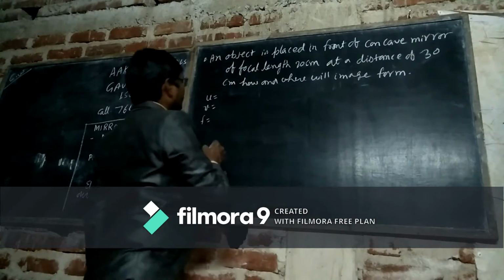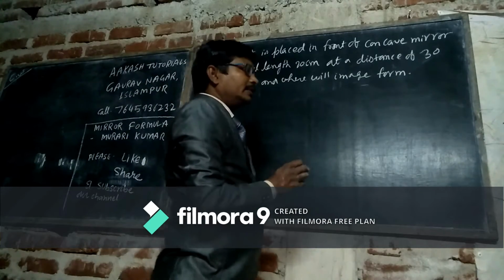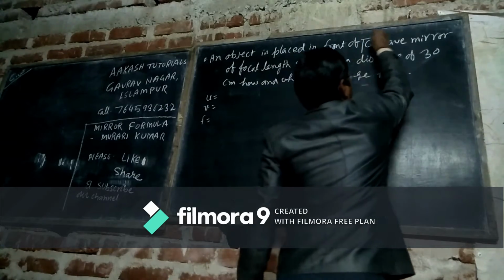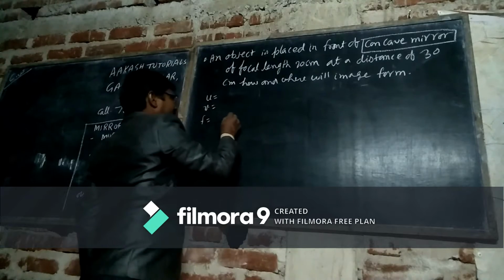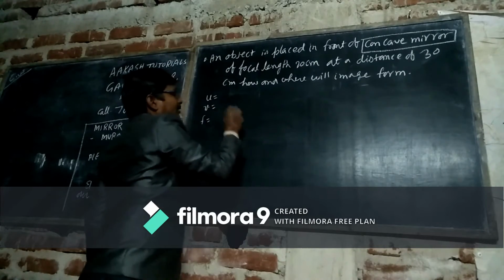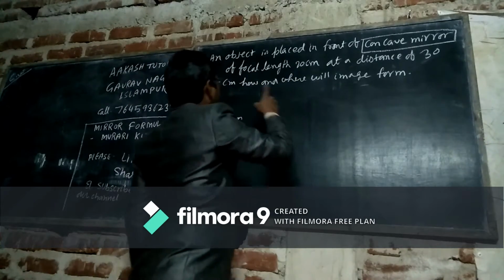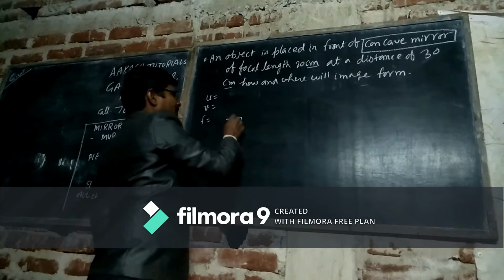So let us read the question again and make some points. Here the mirror is concave. Simply say, if the mirror is concave, then f will be negative. So the value will be negative. And here all the data are in centimeter, so the unit will be centimeter.